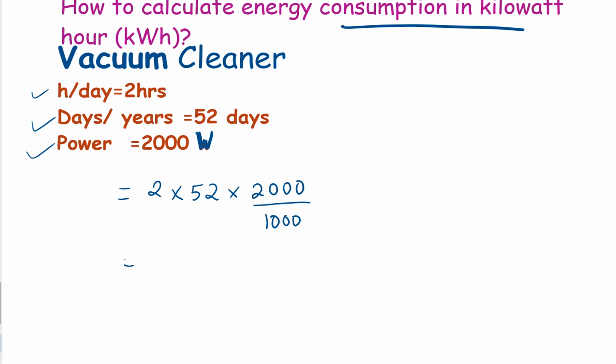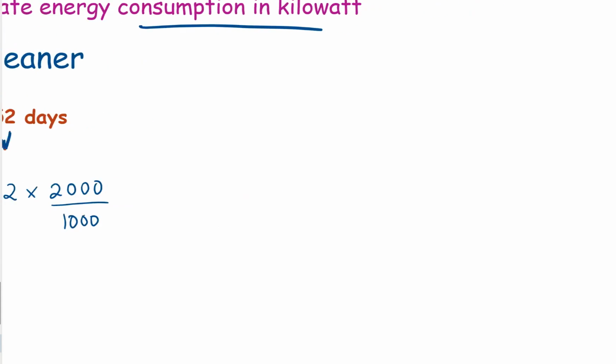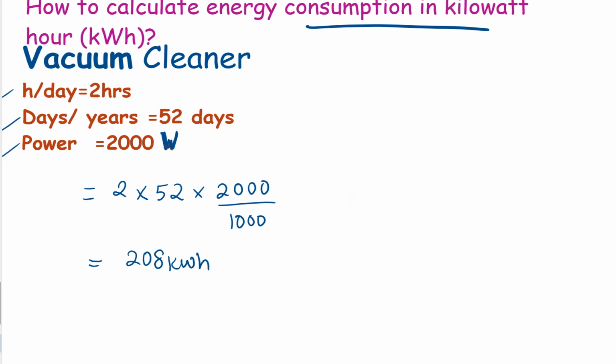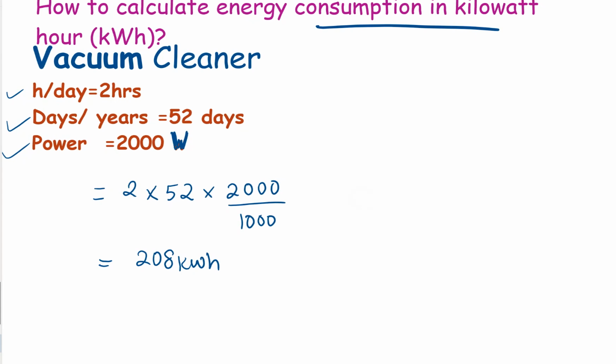So then finally, if I plug in the values, the answer will be 208 kilowatt hour. Okay, so this is how you calculate the annual energy consumption of an electrical appliance. Okay, so this is about another unit, kilowatt hour, and it is also important from the exam point of view. You must know the meaning of kilowatt hour.